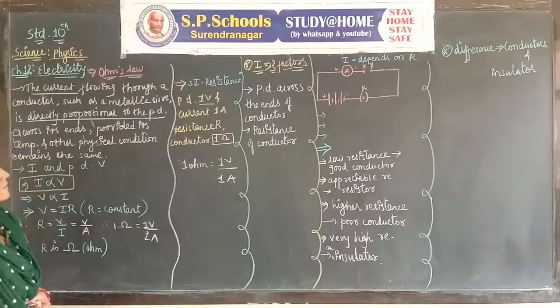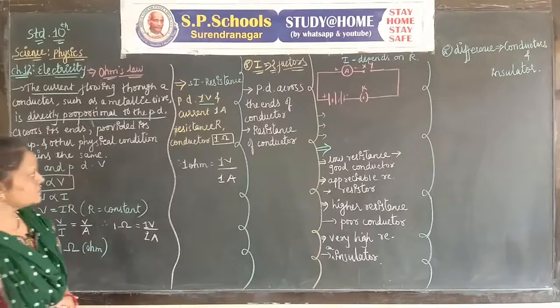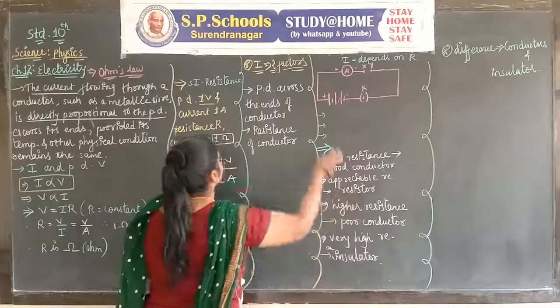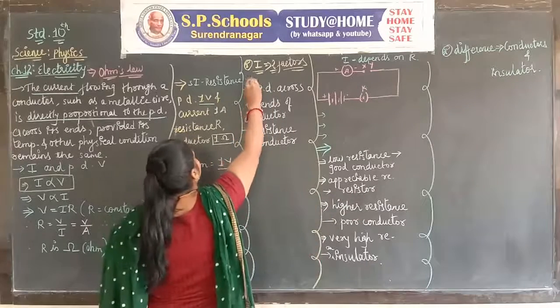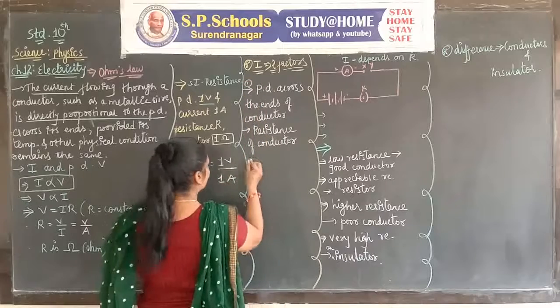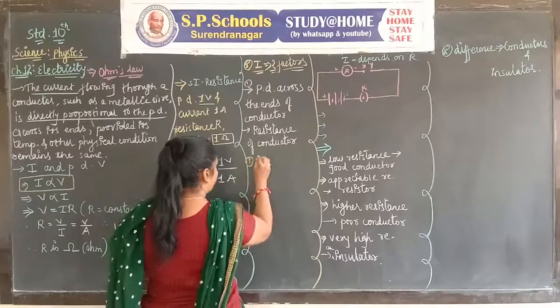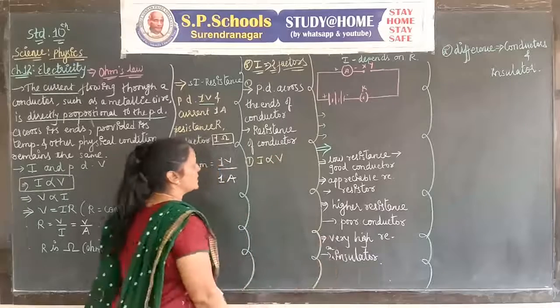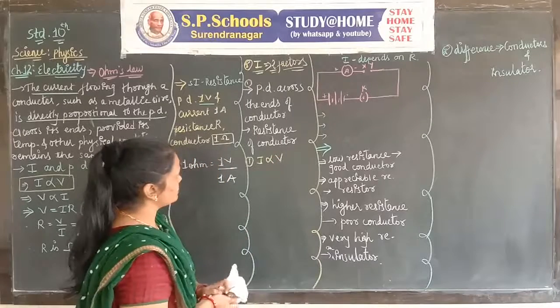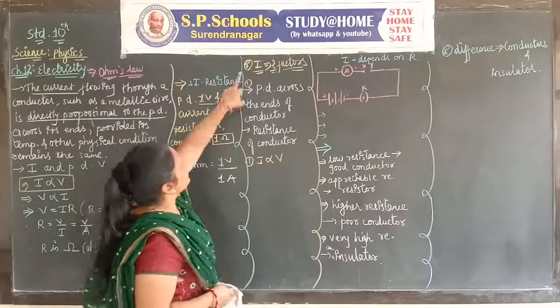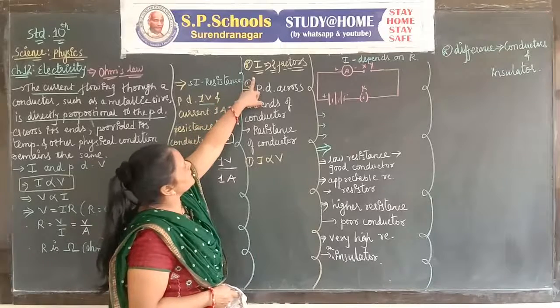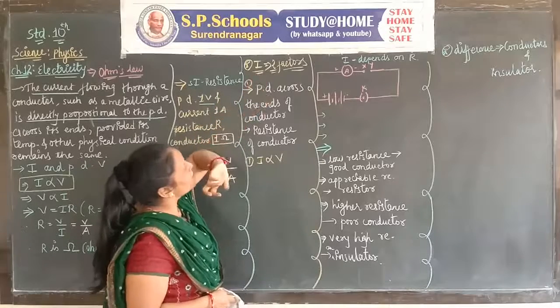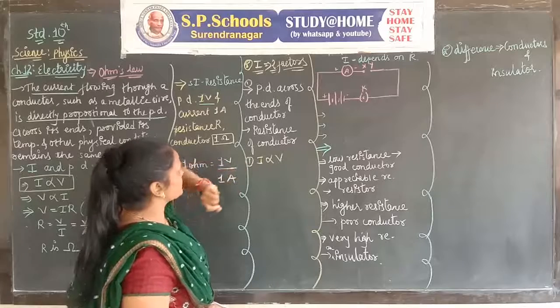First is the potential difference across the ends of a conductor, because I is directly proportional to V. What will be understood here? The electric current of a conductor is dependent on two factors.